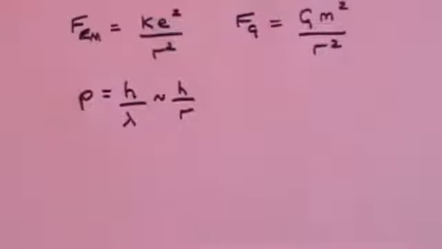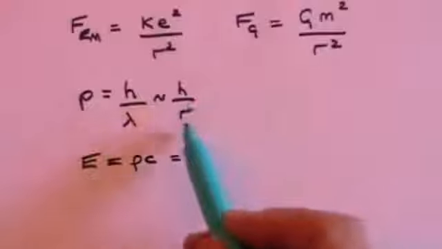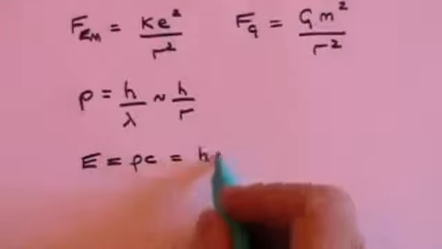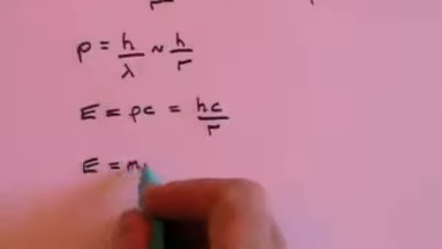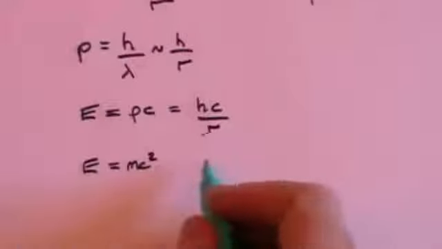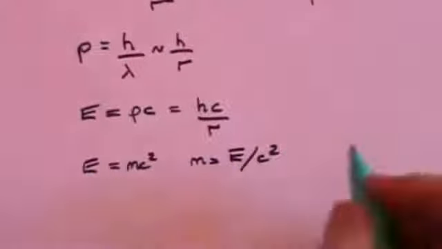We're also going to recall that E equals pc, and since p is h over r, that is hc over r. Then Einstein's famous formula E equals mc squared means that m is equal to E over c squared.